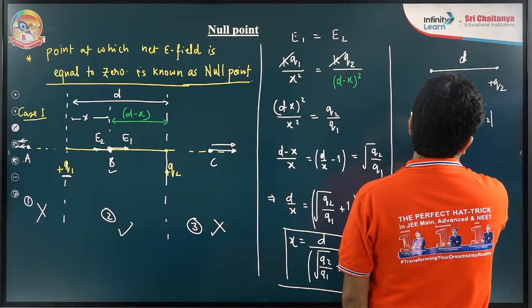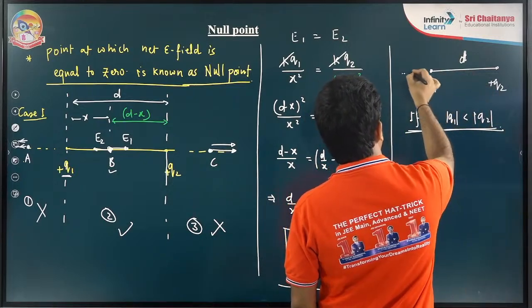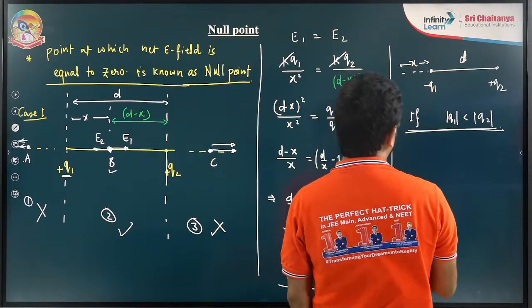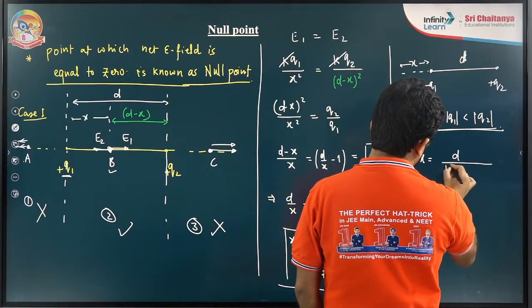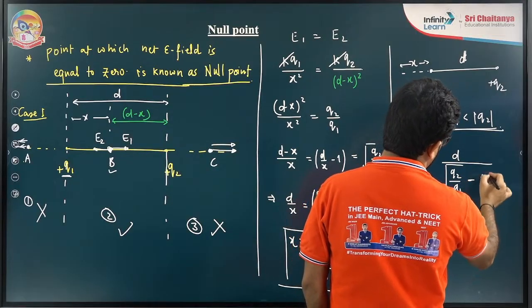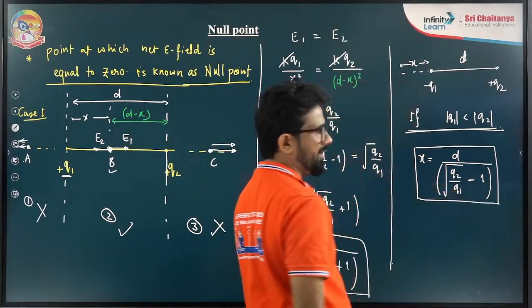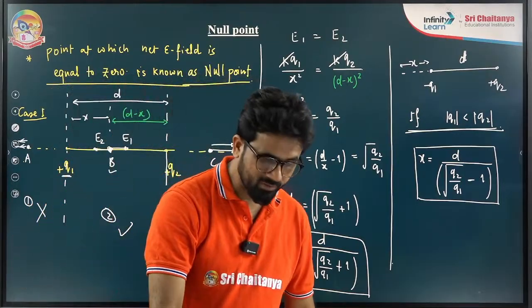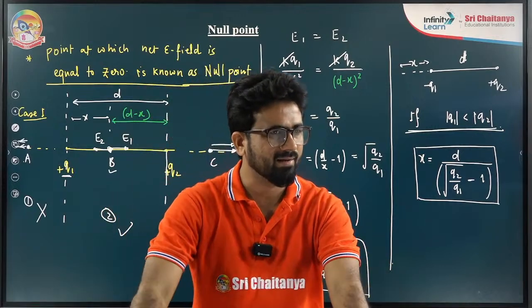Question 8: find the position of null point, and I am saying it will lie on this side at some distance x. I am giving you a hint: this value will come, that is equal to d by (root of Q2 by Q1 minus 1). This is your homework to prove. Get the correct answer that I have written, and this would lie near the smaller charge only. This is your homework to prove it is correct. If you are not able to solve, definitely in the next class I will discuss.